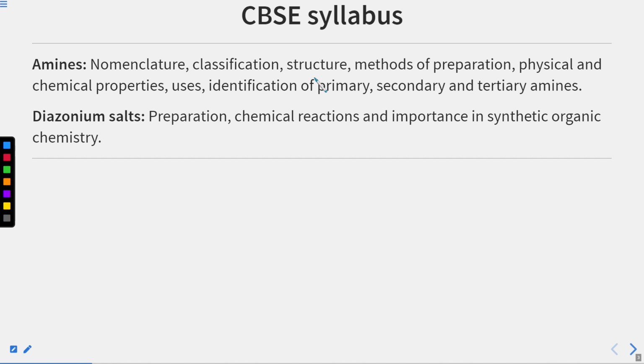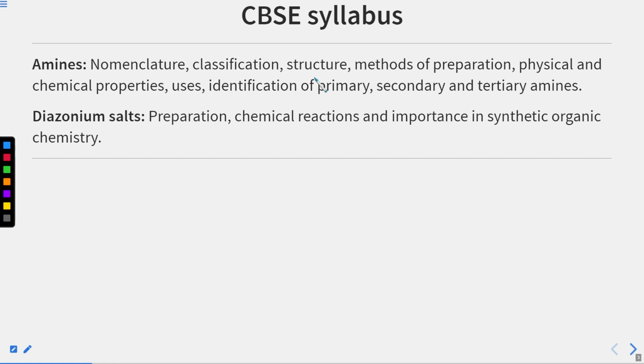Basically, we have several laboratory methods for distinguishing various functional groups. For example, we have the Lucas test for distinguishing primary, secondary, and tertiary alcohol. Similarly, for amines we have a different test called the Hinsberg test, used for the identification of primary, secondary, and tertiary amine.